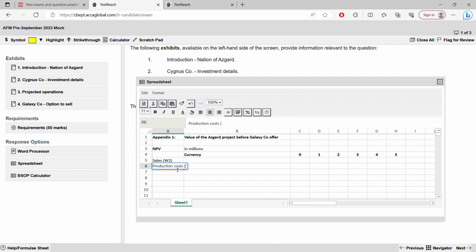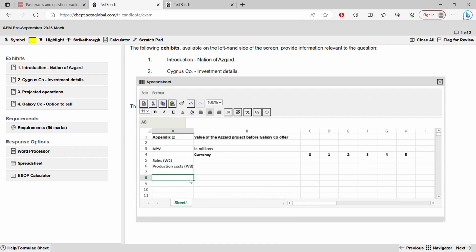This I'll keep as working 3. Always label like this. When you're using a working, sorry, I'm going to make this width bigger so that it fits in this. Inside bracket, working 3. Label that it's working 1, 2, 3. So it becomes very easy for you. Don't just write working, working, working. You don't know what working.